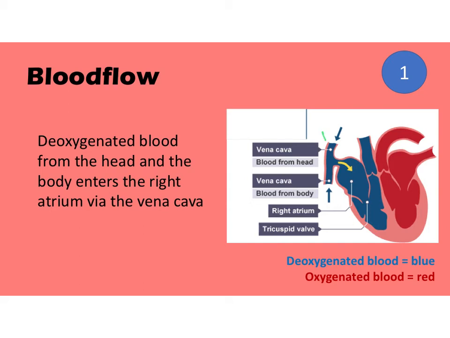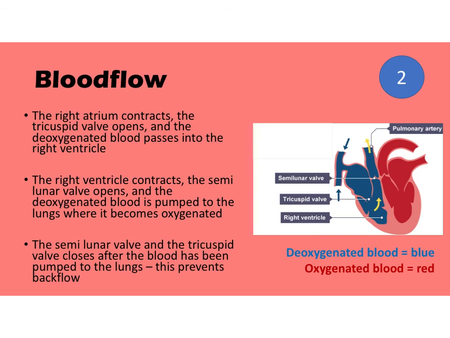So this is the vena cava by here, and as you can see, blood is flowing in downwards from the head and upwards from the lower part of the body, and the blood goes into the right atrium, and this side of the heart is blue because it's deoxygenated blood. So that's step 1.